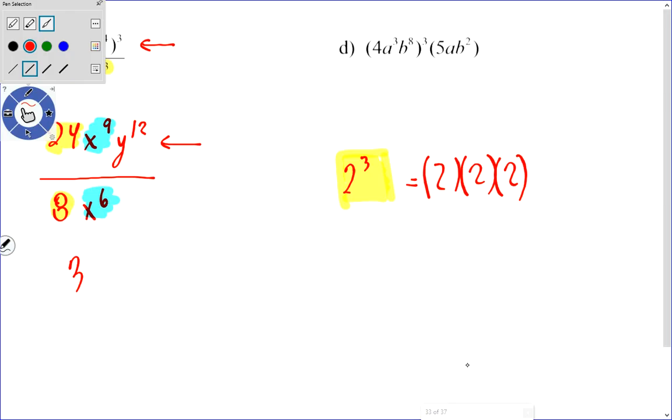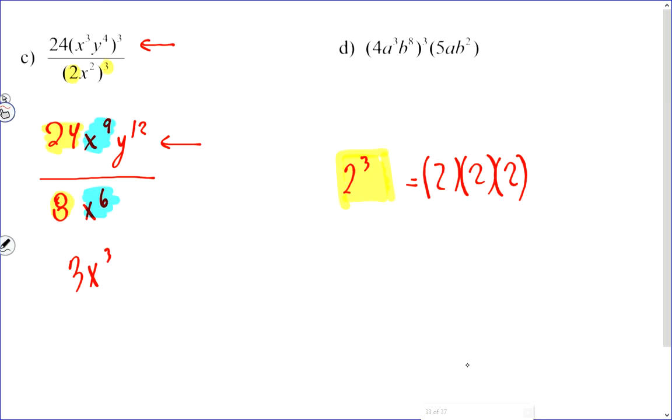I can divide x to the 9 by x to the 6 and get x cubed by subtracting the exponents, 9 minus 6. And the leftover part, which doesn't have anything to cancel with, is y to the 12. I just want to double check my work here. And it is fine. This is the answer.